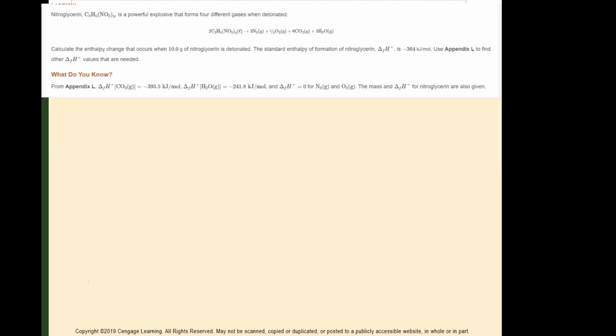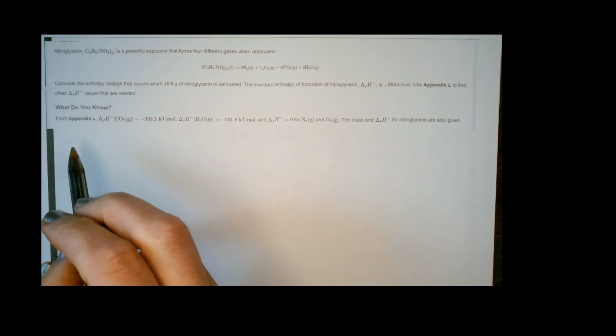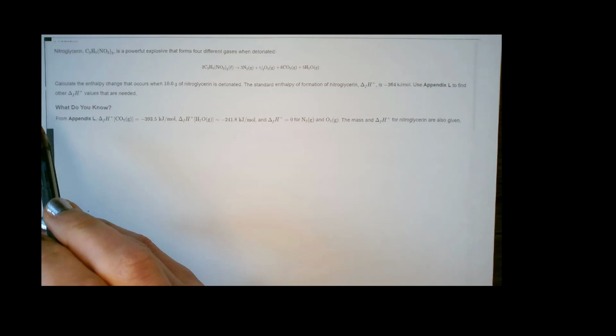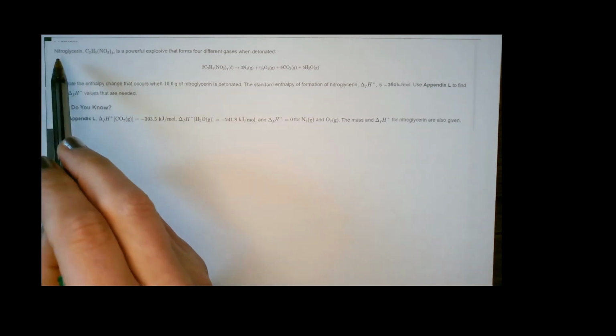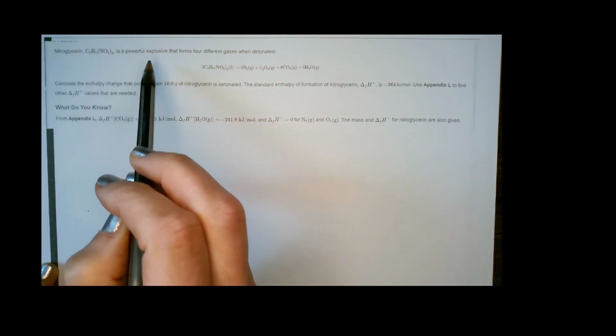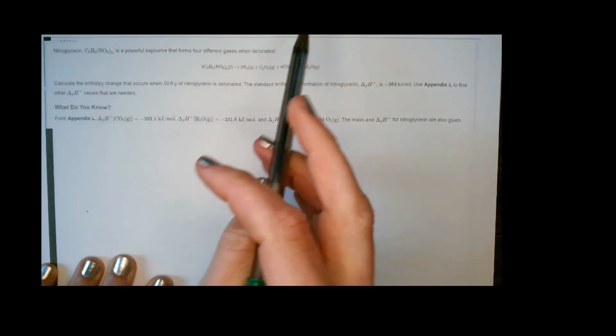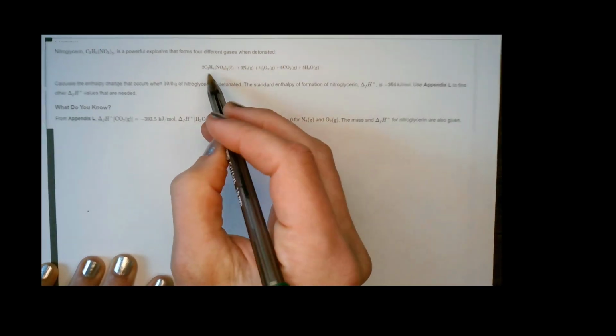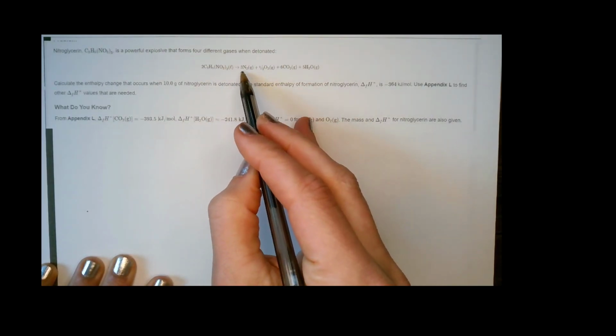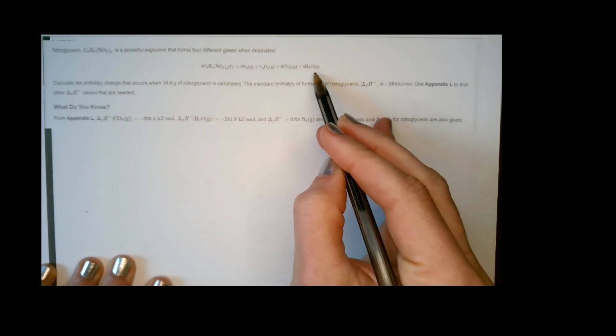Let's do another one. Let's look at another example problem similar to the last one. This just adds one extra step. So we have nitroglycerin, which is a powerful explosive that forms 4 different gases when detonated. Here's our nitroglycerin. It forms nitrogen, oxygen, carbon dioxide, and water.